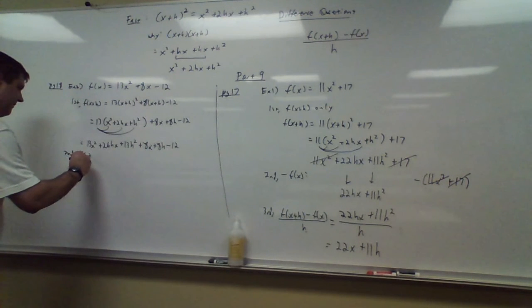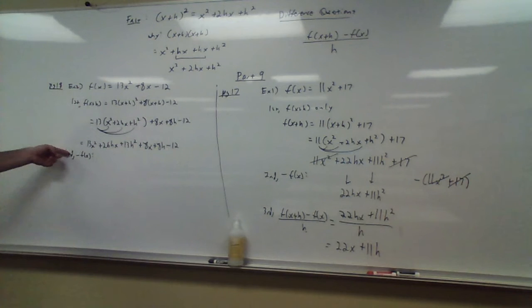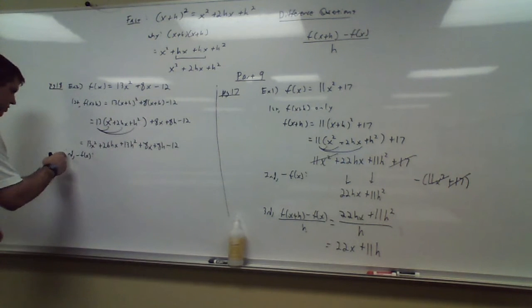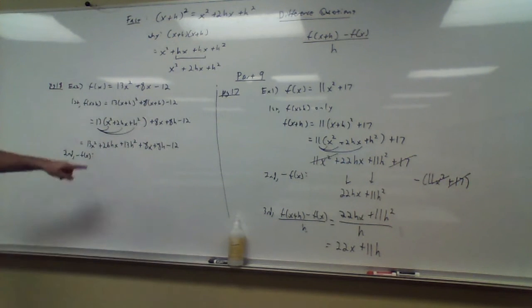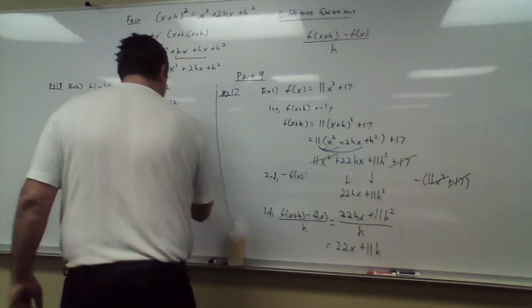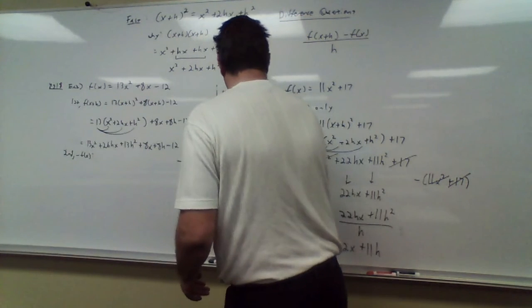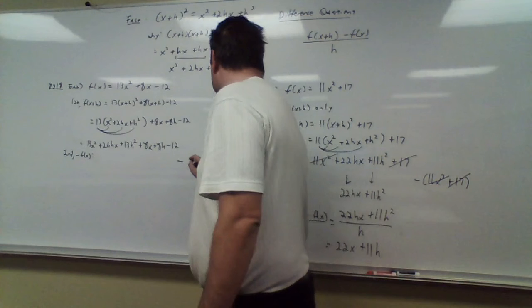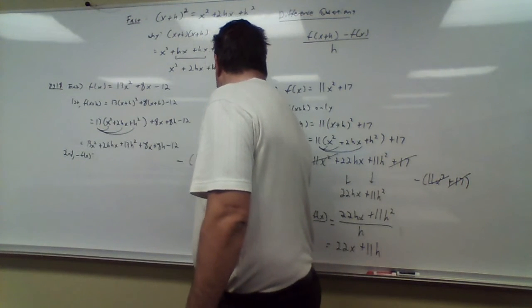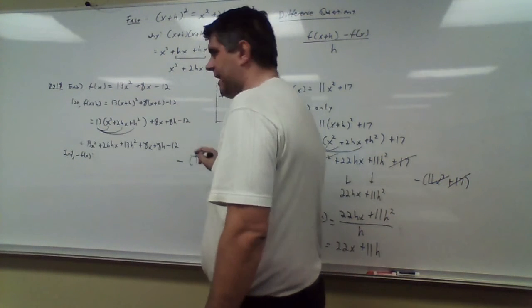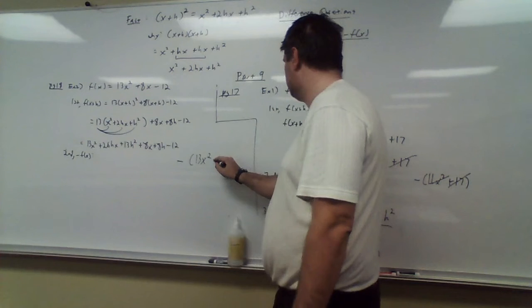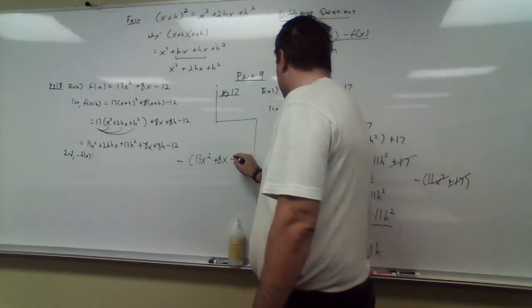Minus the f of x. So we're going to subtract the original f of x. So minus 13x squared plus 8x minus 12.